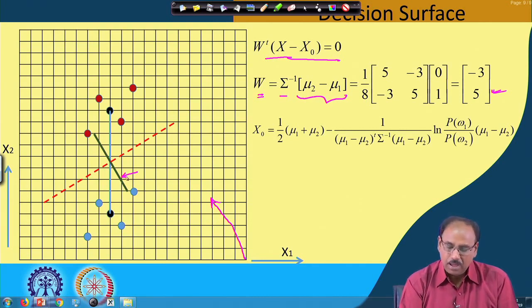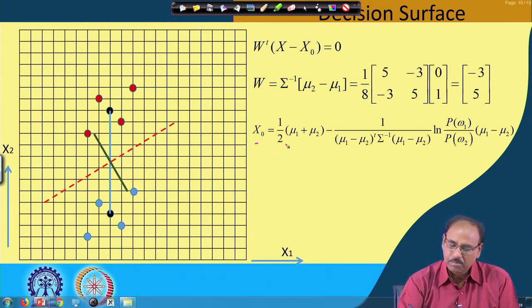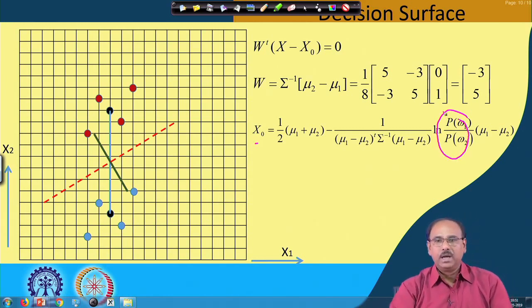And given this, I can also compute what is x naught. x naught is given by half of mu 1 plus mu 2 minus this term. And if I assume that p omega 1 and p omega 2 are equal, log of p omega 1 upon p omega 2 will be equal to 0.